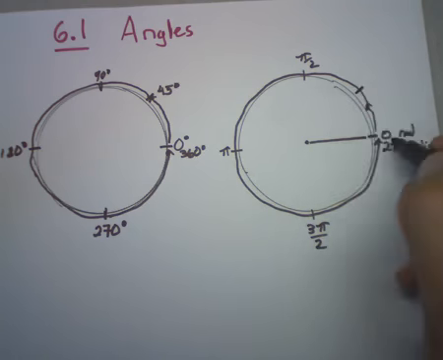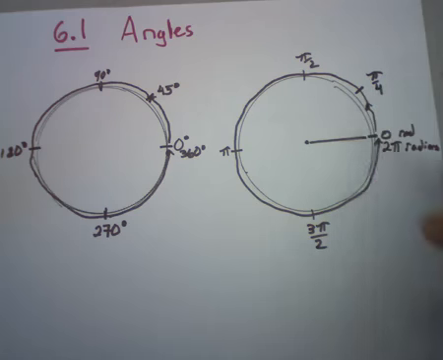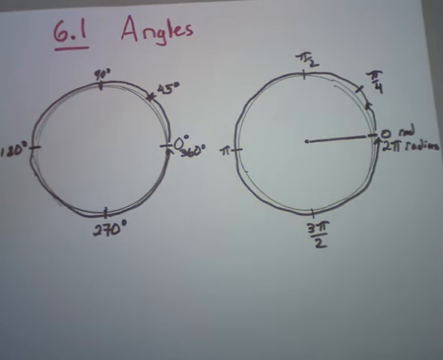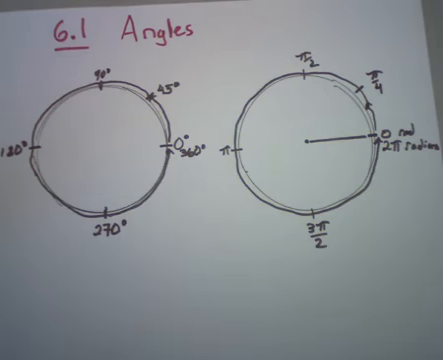And halfway between 0 and pi over 2 is pi over 4, and so on. So we're going to want to get very familiar with converting radians to degrees and degrees to radians, and also very familiar with some of these basic points around the edge of the unit circle.